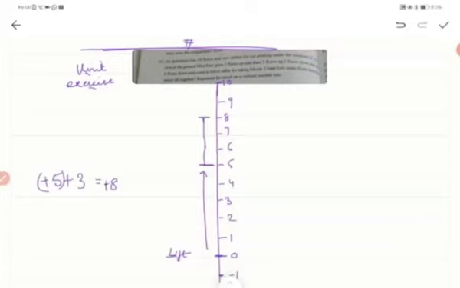Now he is going 2 floors down and then 6 floors down. So now he is at the 8th floor. From the 8th floor he is going 2 floors down: 1, 2. So he has reached the 6th floor now. Then he is going 6 floors down: 1, 2, 3, 4, 5, 6.